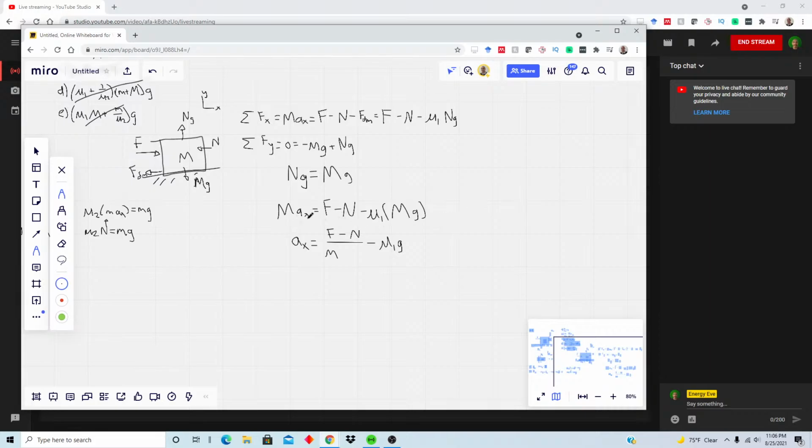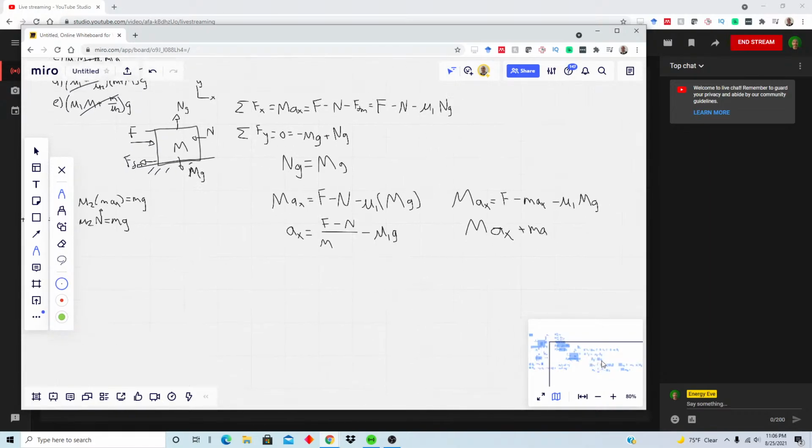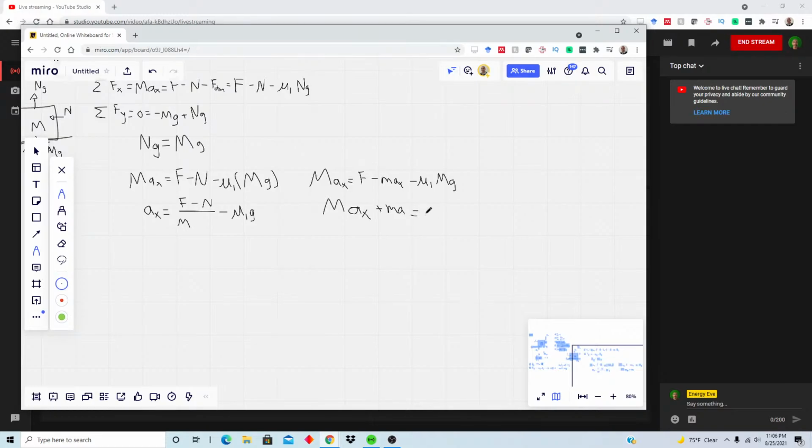The reason why is because there's going to be an a that we're going to want to factor out. We have M ax is equal to F minus little m ax, and these ax's are the same, minus mu1 Mg. And so here we're actually going to want to factor it to the other side. And then we can factor out the a here.